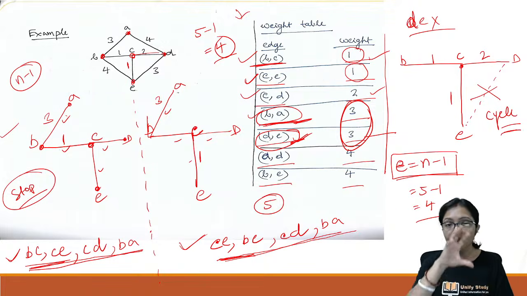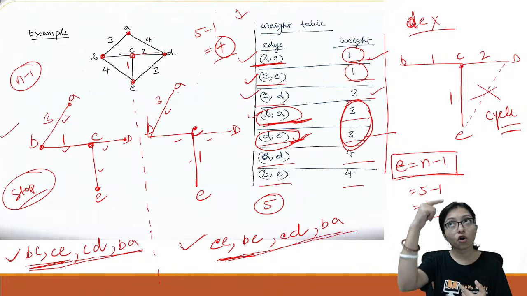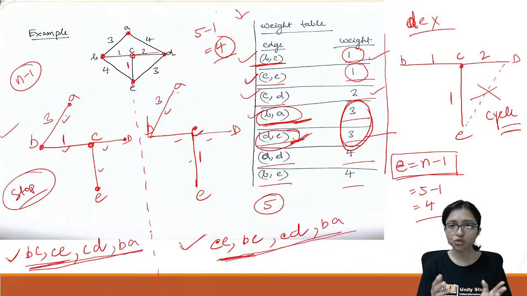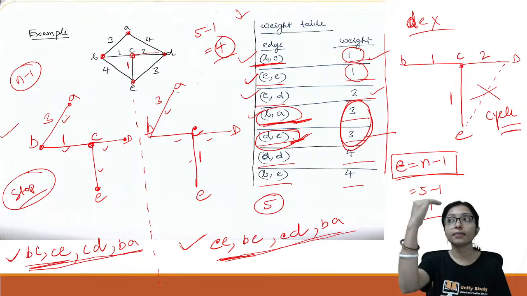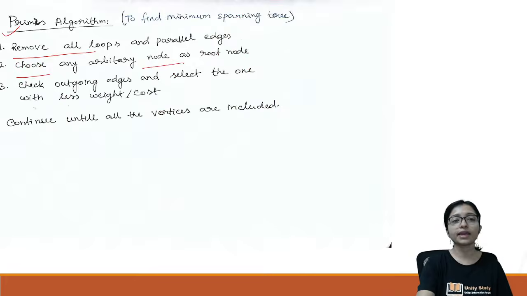When we are starting, the total graph is visible to me, and that's why we make a list of all edges according to weight in ascending order. All the edges are available to me. And what is the difference with Prims?